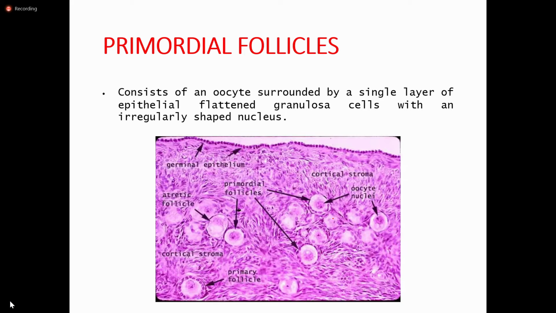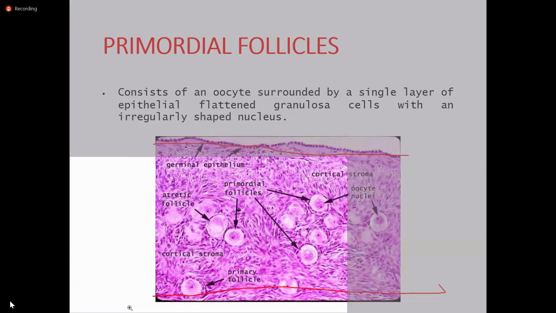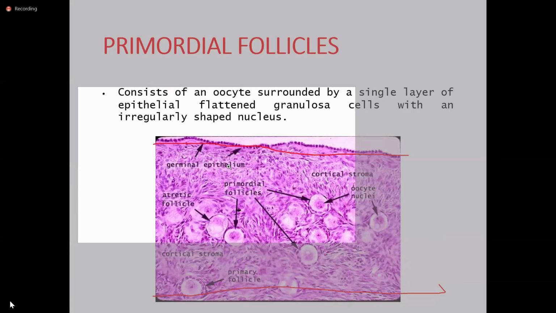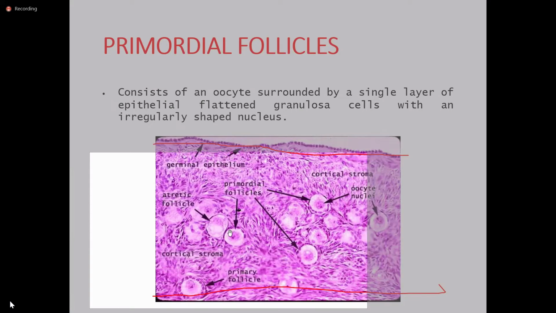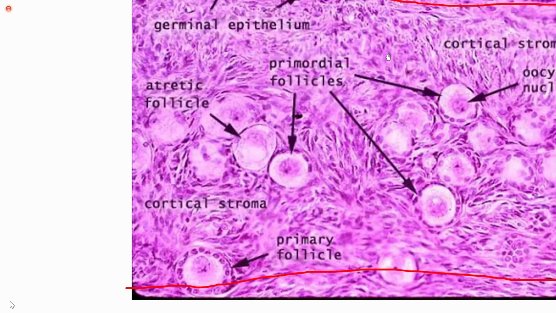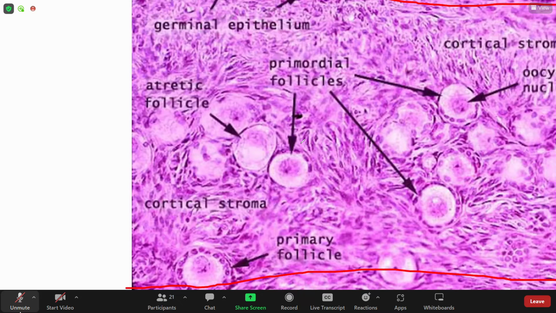And if we try to take a look with the histology of the ovary, so let me remind you that this one is the cortex, correct? Cortex ito. Tama? And if we try to take a look with the different structures present, take a look with this one. Nakikita ninyo ito? Yung ating primordial follicle.